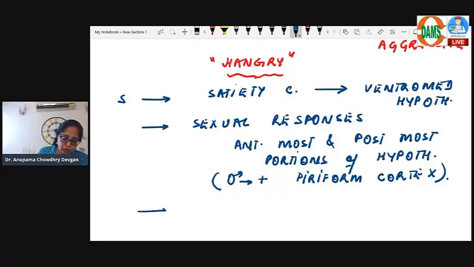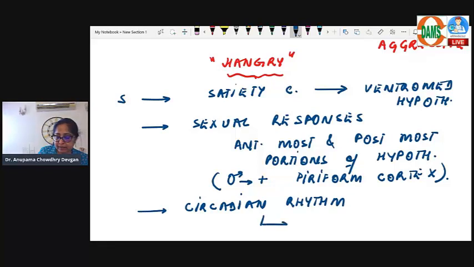Then also hypothalamus has a role to play in circadian rhythm. Which nucleus? This has been asked as a question. Sexual responses has been asked as a question.